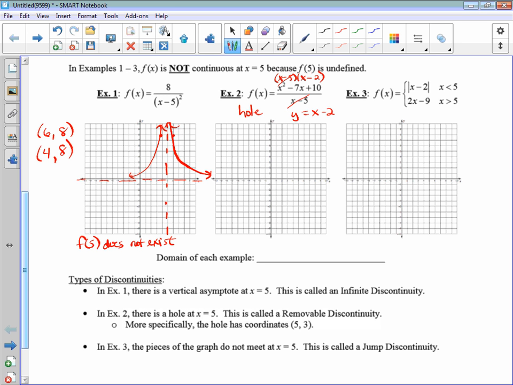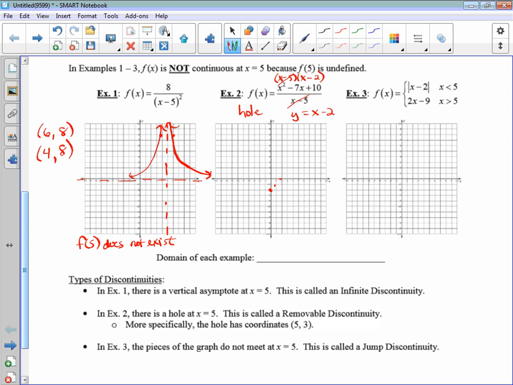What is that the graph of? Just a straight line, right? You remember how to graph a line? Y-intercept of -2, slope of 1. But where am I going to run into an issue? At x equals 5. What do I get when x equals 5?